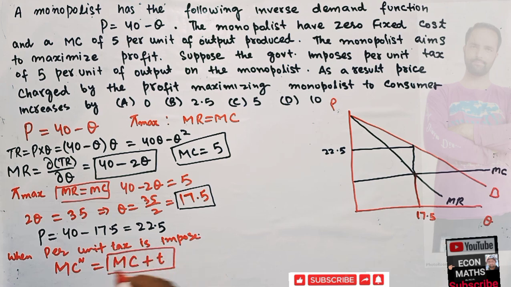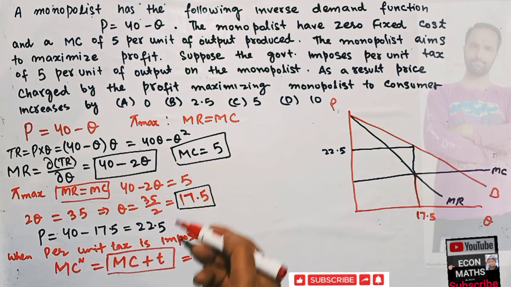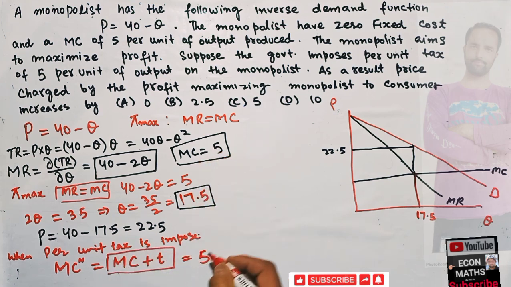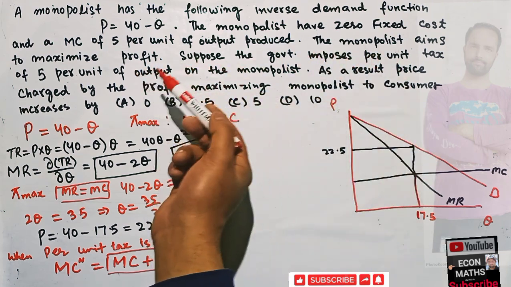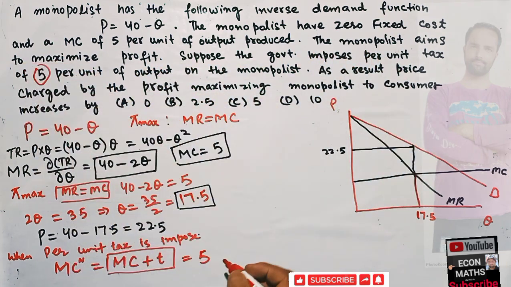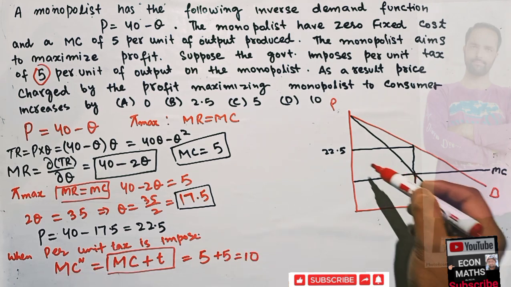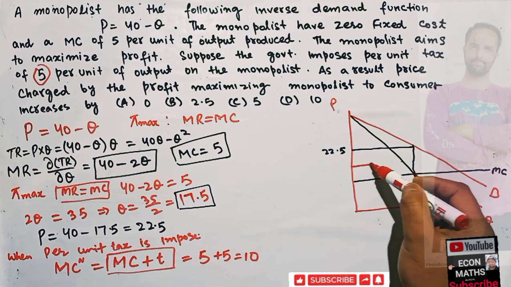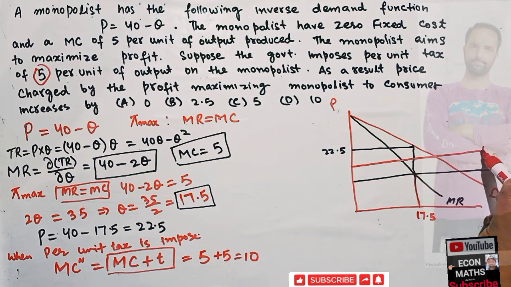So the old marginal cost is 5 and the per unit tax we are told is also equal to 5. So 5 plus 5 is equal to 10. So the new marginal cost is 10. We can just draw another marginal cost curve. Let us say this is MC, and that means the new marginal cost.